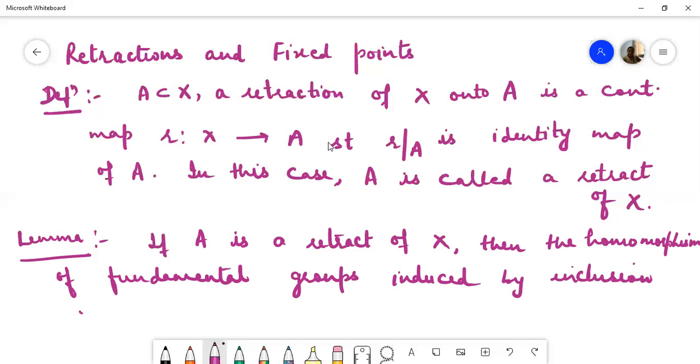So let us say this inclusion map is J from A to X. Then we want to prove that J star is injective.